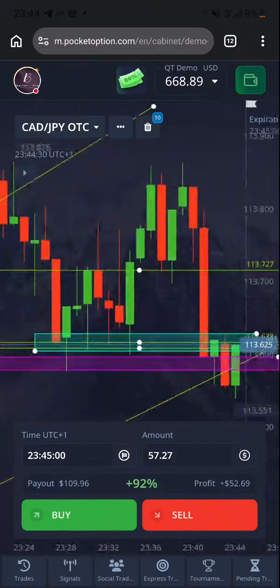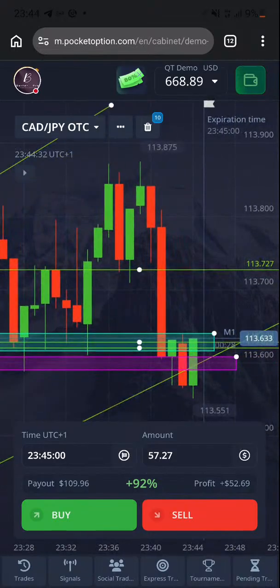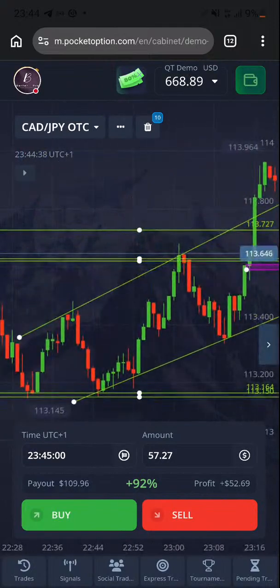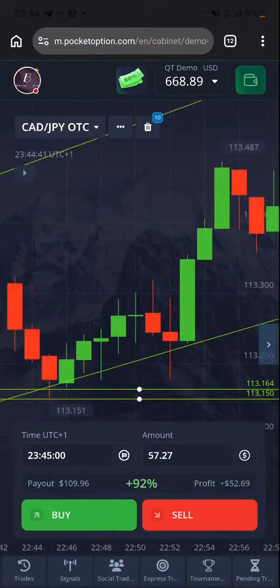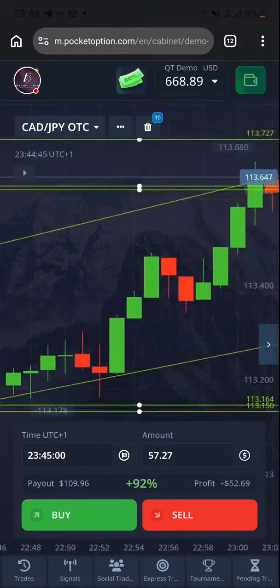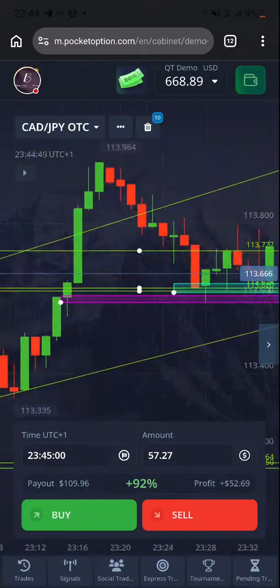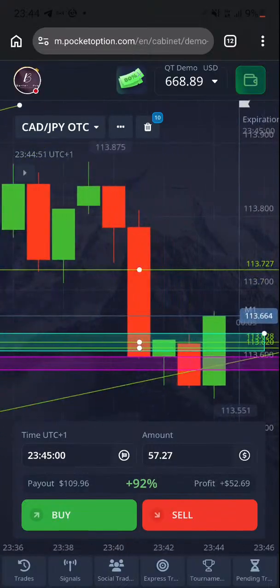Now, when the market closes inside an area of support, you are mostly going to have buyers coming, but that's not the only reason. This area is also a buyer's entry. Buyer's entry is where the buyers come into the market. Look at this, we have a buyer's entry. This is another buyer's entry where the buyers came in, and price is coming again into that area. You can see the buyer's entry now.